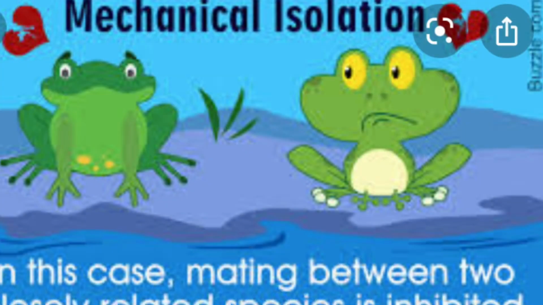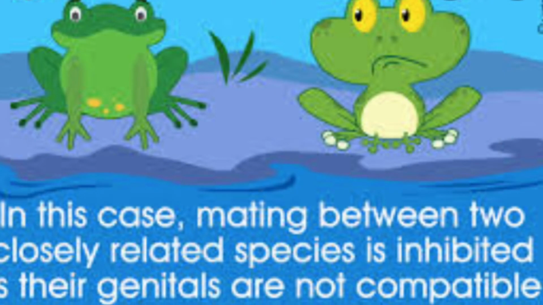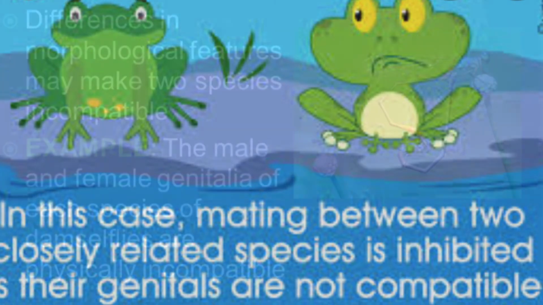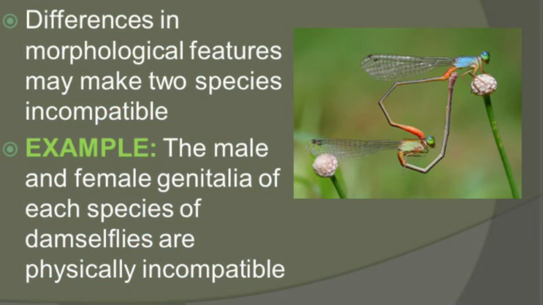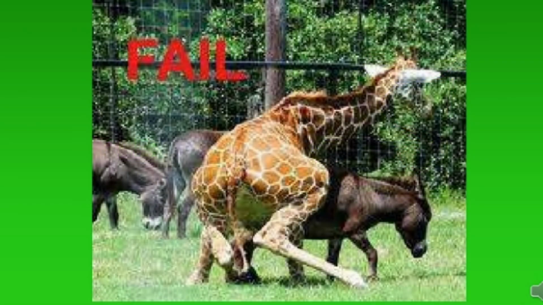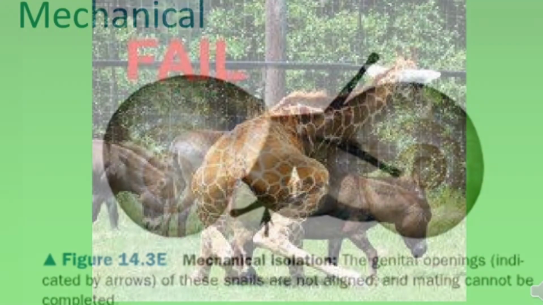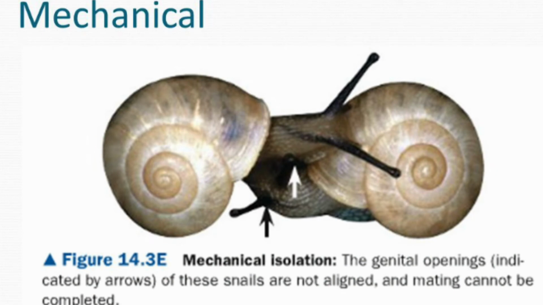All right, so the next one is mechanical isolation. Usually teenagers find this one funny. Mechanical isolation is when copulation is often impossible between two animal species because of incompatible shape and size of the genitalia. In other words, they cannot have intercourse because the animal's penis does not fit or is facing in a different direction, or maybe the male cannot even hang on.